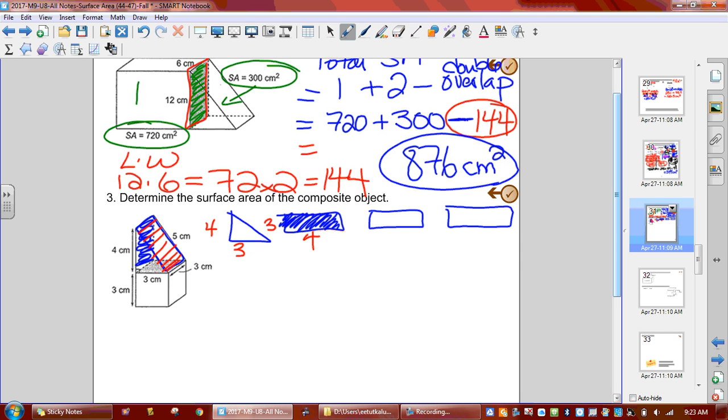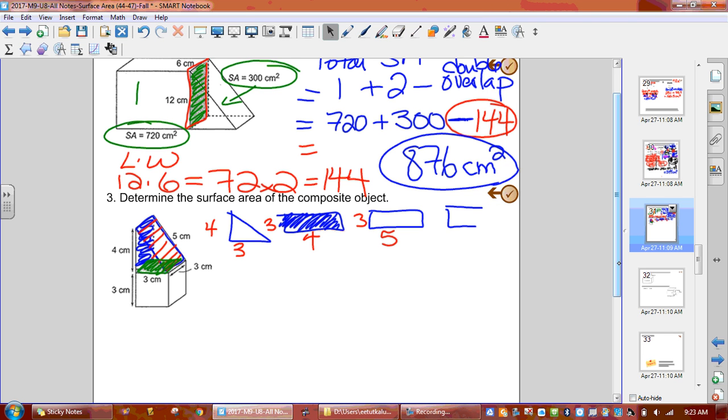Then we look at the guy that it's sitting on. I'm going to shade this guy in green. So, this guy here, it's sitting on that little piece there. And that little piece is actually a square. So it's not very big. So, that is a 3 by 3 square.